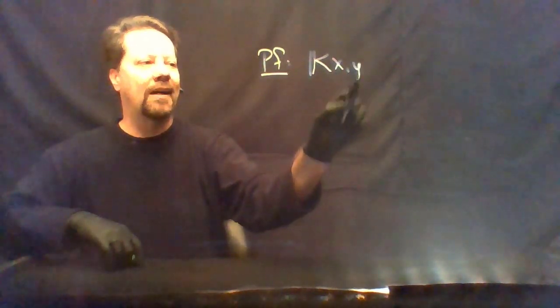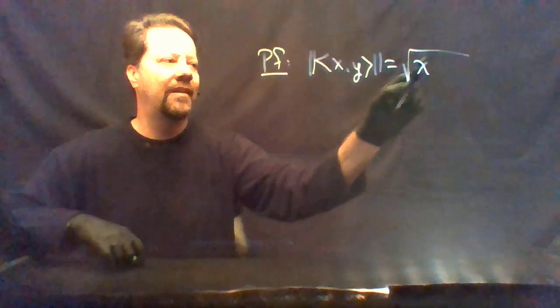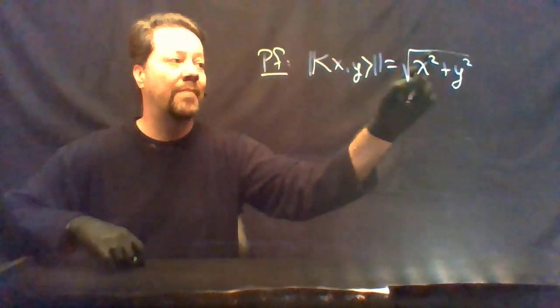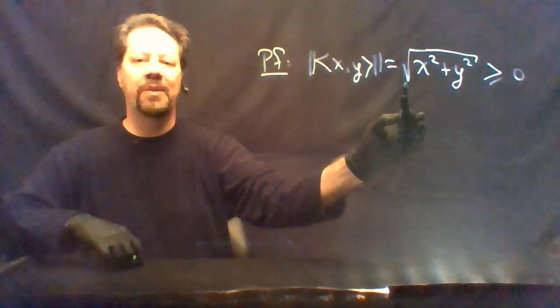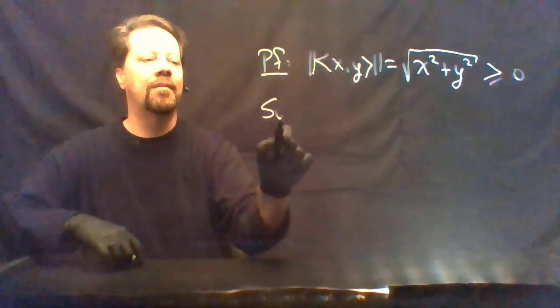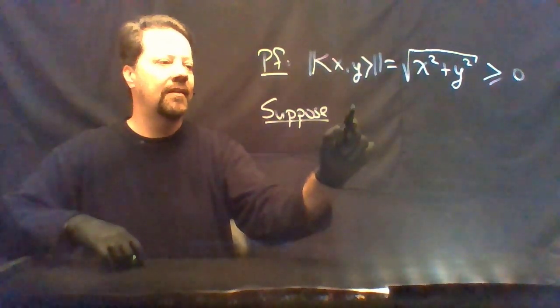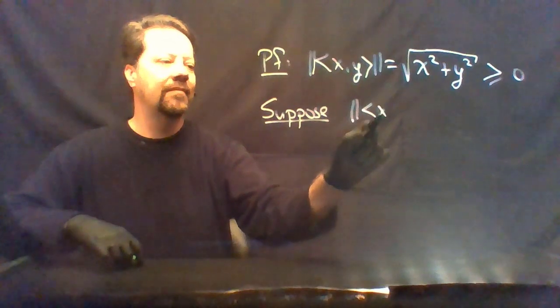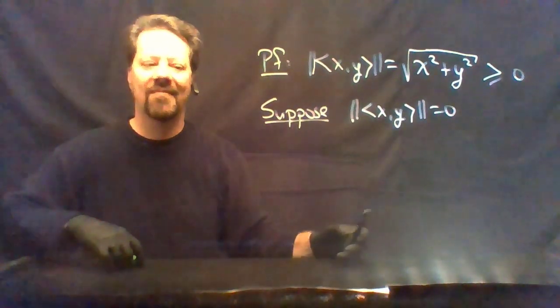The norm of xy is the principal square root of x squared plus y squared by definition. And since we're dealing with the principal square root, this must be non-negative. Suppose then that the norm of xy is 0.